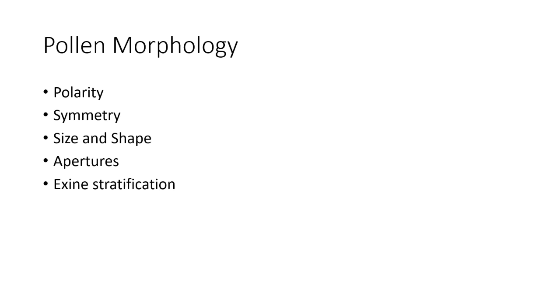These are 5 different aspects we need to check in terms of pollen morphology. So let us check one by one. I would be using these diagrams as a reference to my discussion. In this discussion, the first one is polarity.